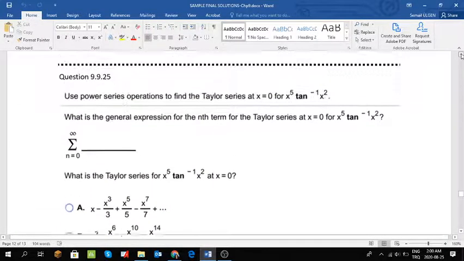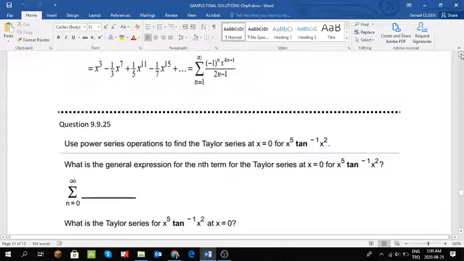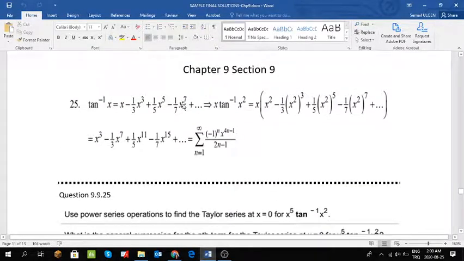But I'm going to solve a problem that's almost the same, except instead of x to the 5, I have x here. The same question: use power series operations to find the Taylor series at x equals 0 for x times arctangent x squared. We first write what arctangent is in terms of the power series. It's x minus x cubed over 3 plus x to the 5 over 5 minus x to the 7 over 7.